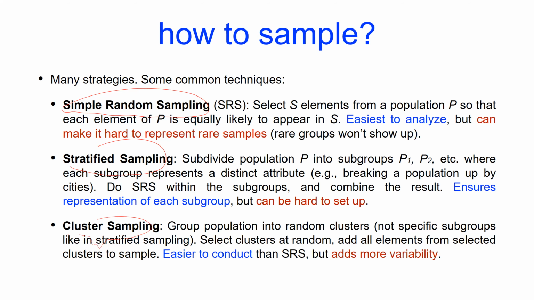Then I will just pick those clusters as my samples. Okay. So basically, these are a couple of different methodologies. Each of them has advantages and disadvantages. But in this class, I think it's important to be aware of the first one, the simple random sample. This is what we will focus on in the class.